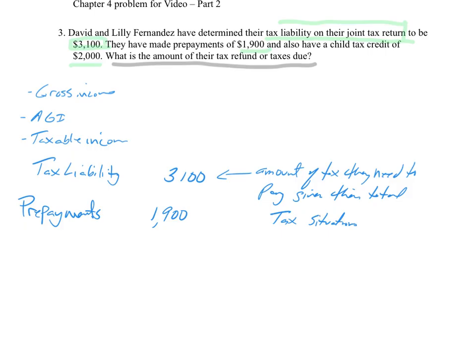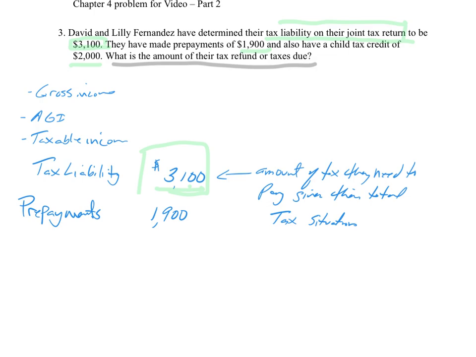So what that means is this $3,100 is the amount that they owe the federal government before they have any kind of tax credit. The amount that they owe the federal government for the privilege of living in the United States, given their filing status, their level of income, the number of children they have, all of those things. So given their total tax situation, this is what they owe for the privilege of living in the United States.